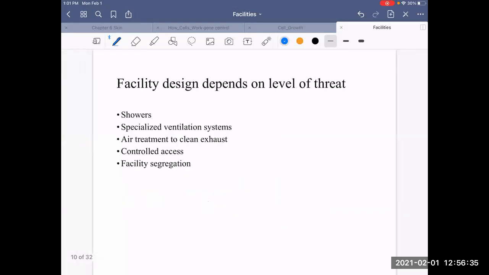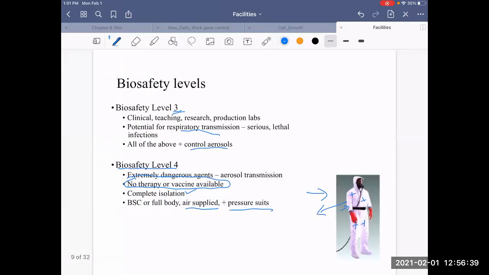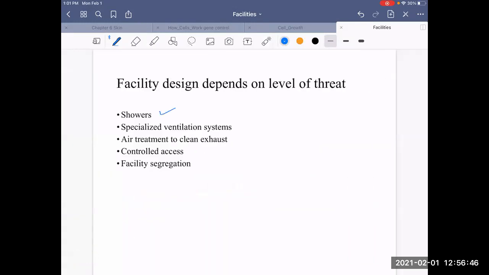Okay, so the facility design depends on the level of threat. If you go to Fort Detrick and you're working in something like that, there are going to be showers, and special ventilation systems that are going to clean the exhaust. Access is going to be really controlled.